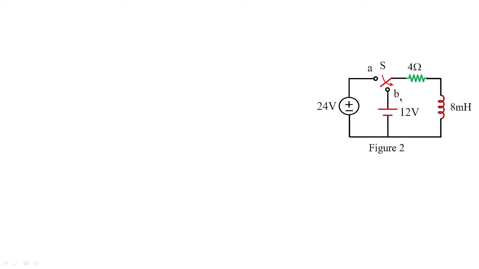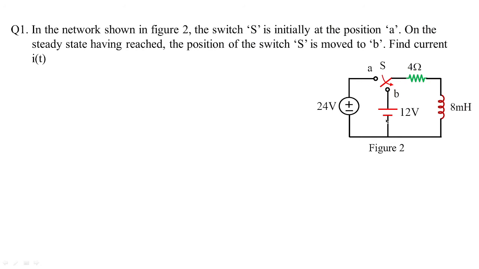In figure 2 you can see we have a problem 1 where the switch is initially at position A. After the steady state has been reached, the position of the switch is moved to B. Means initially the switch position was at A and the steady state conditions have been reached. What does this mean?